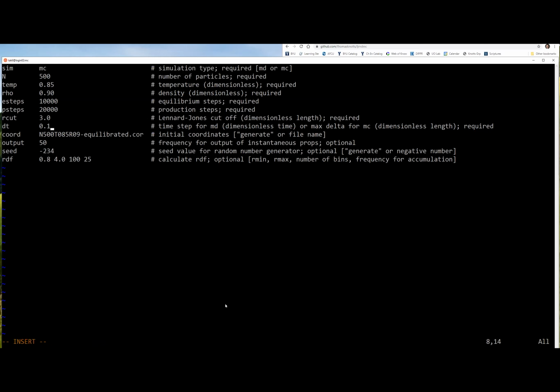Dr. Knotts, what does it do if n isn't a perfect cube? Does it just leave some gaps? Yes. Like if, really this should be like 512 if I wanted a perfect cube, or I don't know what the cube root is. It just leaves one row that's undone, which is okay because I am just going to equilibrate anyway.